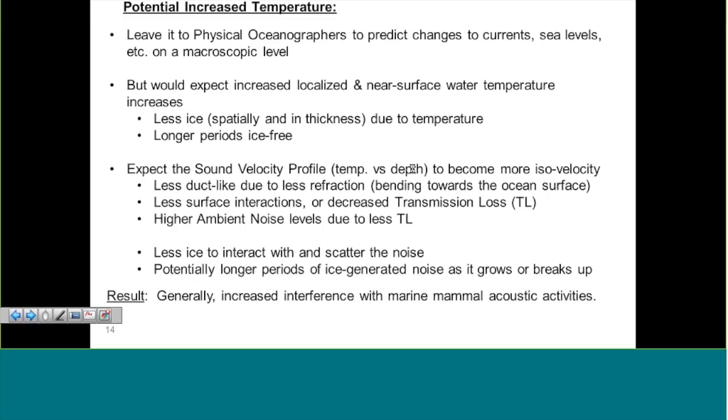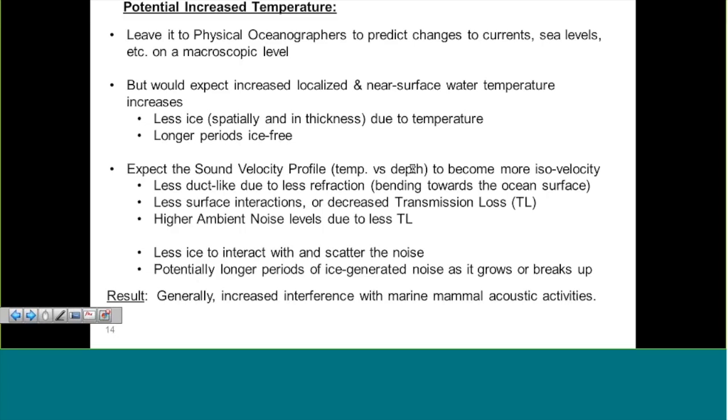And so what that would cause is that, in general, and be concentrated in some places more than others, instead of making the sound bend towards the ocean surface, it would propagate more like in straight lines, in what's called an isovelocity profile.